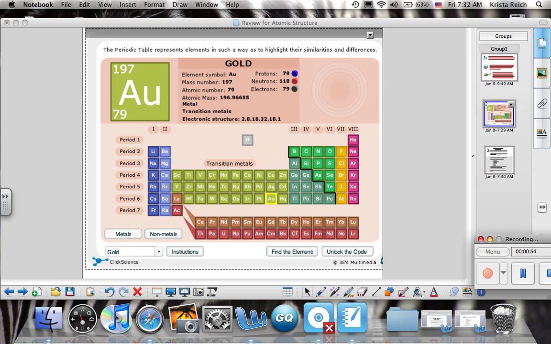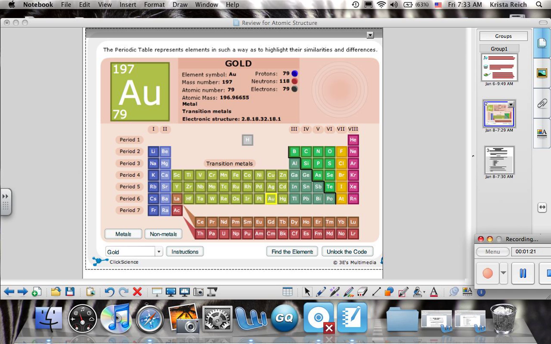The atomic number would be 79, and by those two numbers, the atomic number, 79, if you remember, tells you the number of protons and electrons. And to find the number of neutrons, you have to subtract your atomic mass minus your atomic number. So by subtracting, you get 118 neutrons.